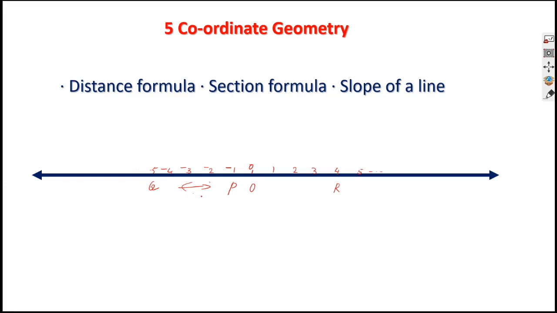Then you found that if you are trying to find the distance between two coordinates, you wrote it as the distance between coordinates Q and R. If this is Q and this is R, then we subtract one from the other.